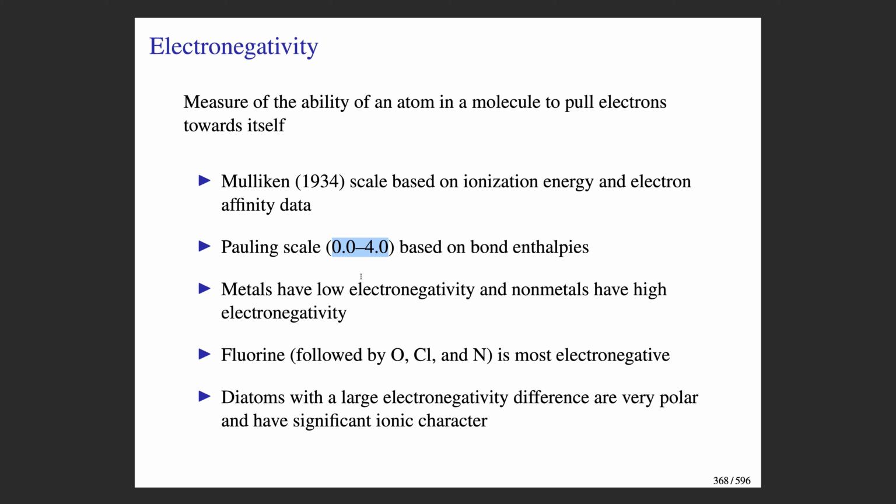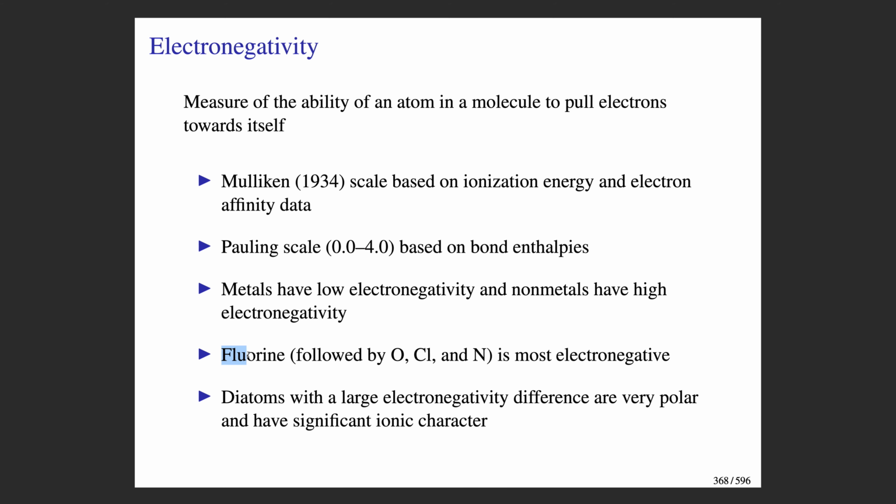Metals have low electronegativities, so they have small values for the Pauling electronegativity, whereas nonmetals have high values of the electronegativity. And so nonmetals tend to pull electrons towards themselves in a molecule, whereas metal-type atoms tend to be more electropositive.